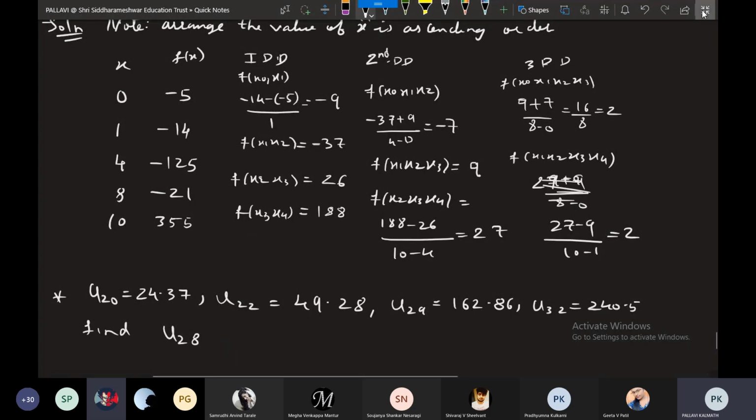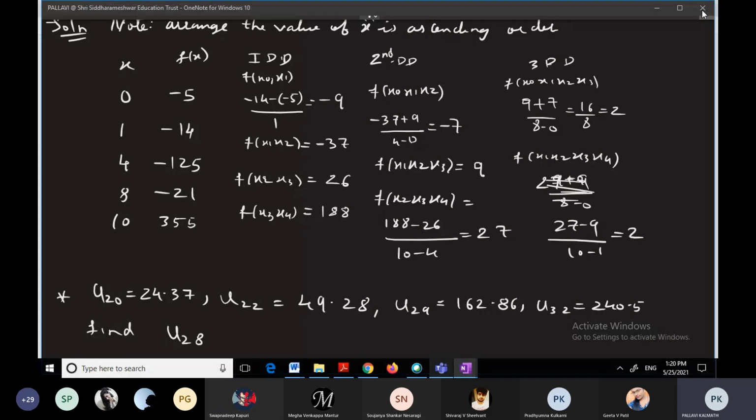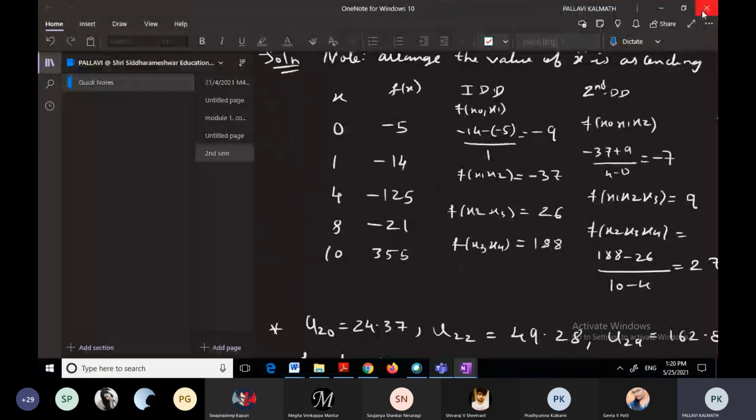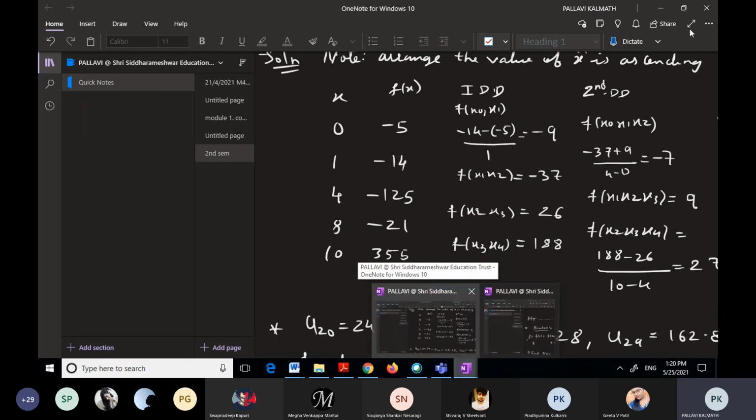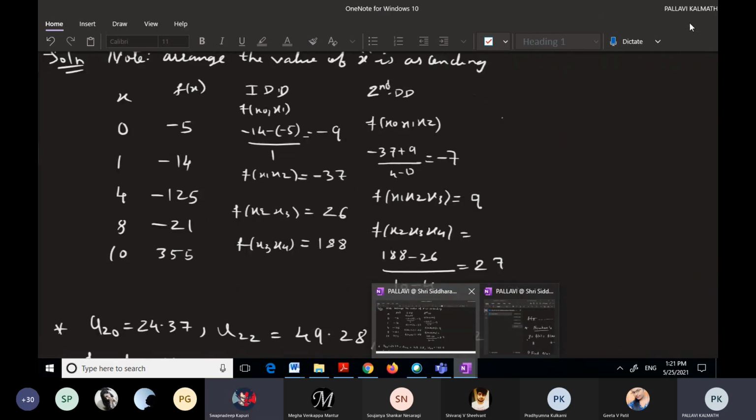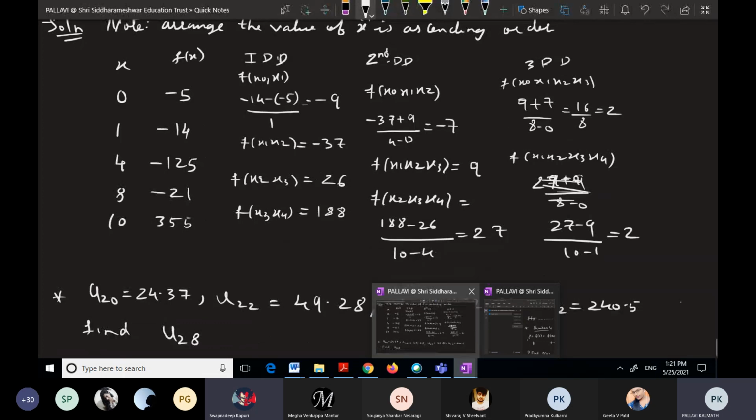Ma'am, u28 is in the second half, no, ma'am? See, Swapnadeep, no? Yes, ma'am. Okay, so what are the differences you see when you arrange them in ascending order, whether they are equal interval? No, ma'am. Then tell me, forward, backward or divided? Divided, ma'am. Then why will first half, second half come here?